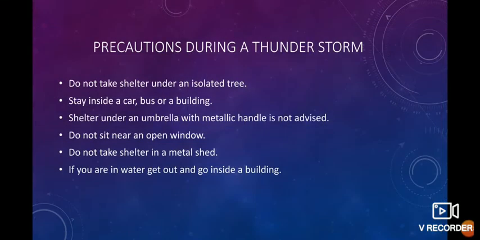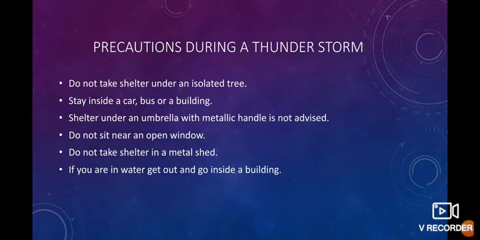So, if you are caught in a thunderstorm, what should you do to keep yourself safe? Never take shelter under an isolated tree. If there is a huge ground and a single tree, please do not stand under it. Why? Because when the lightning strikes, most likely it will strike this single tree.